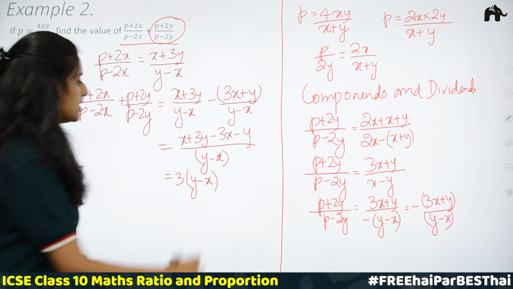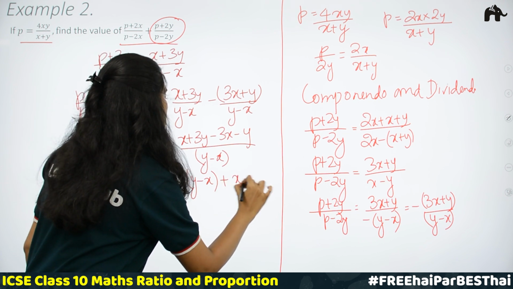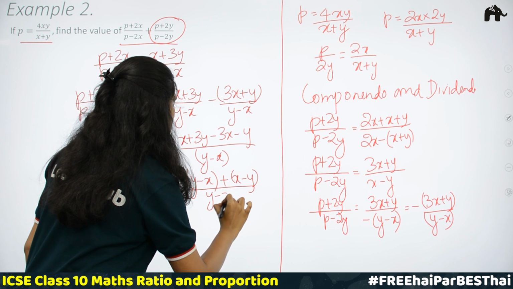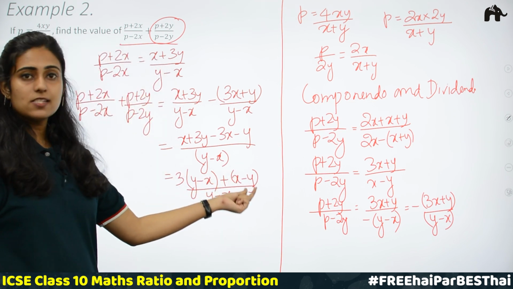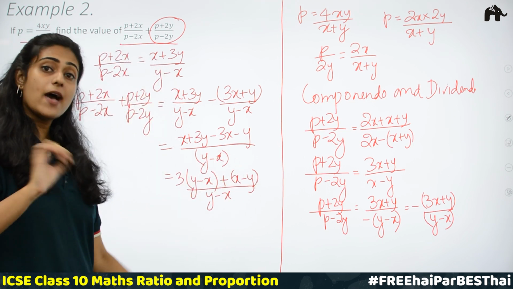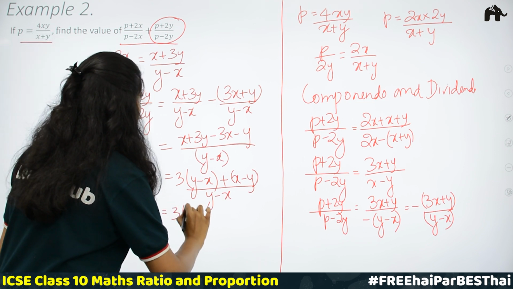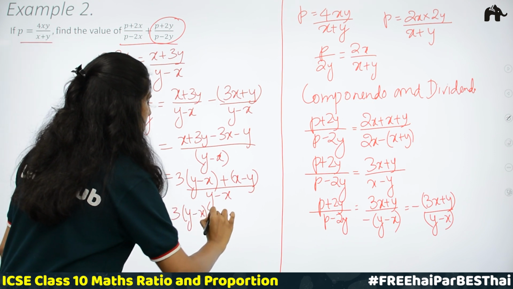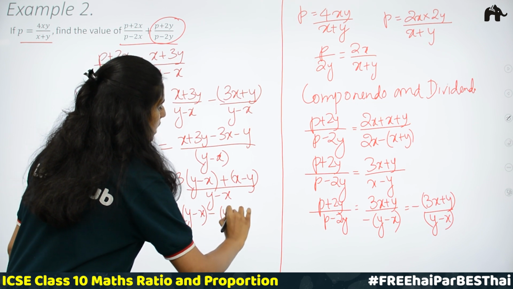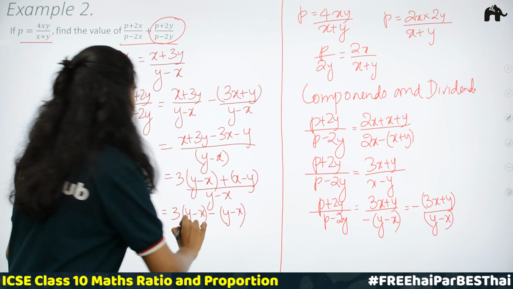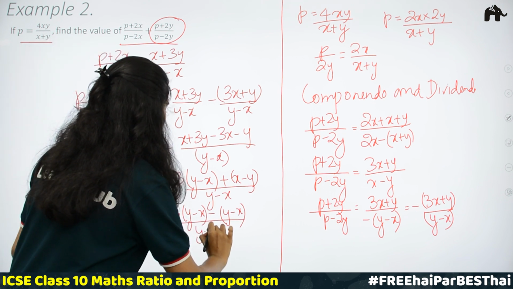Okay, plus (x minus y) divided by (y minus x). Now this x minus y can be made minus (y minus x). That is equal to 3 into (y minus x) minus (y minus x), divided by (y minus x).